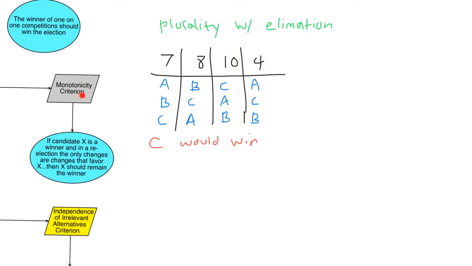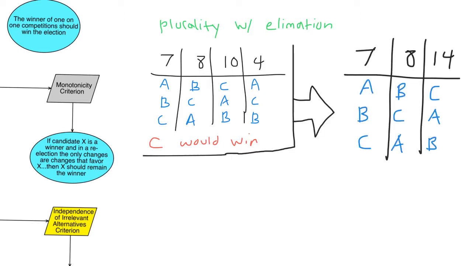Now, one of the flaws with the plurality with elimination method is that it can occasionally violate the monotonicity criterion. For example, imagine we had a re-election that had the following preference schedule. If you look at the difference between this preference schedule and this new one, basically these four voters switched over to this preference ballot.